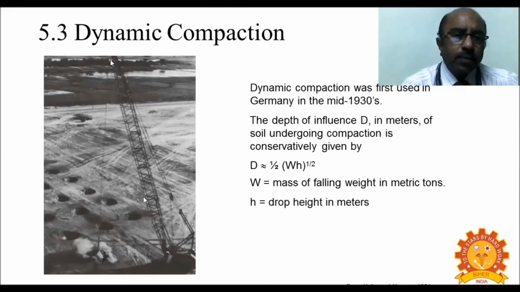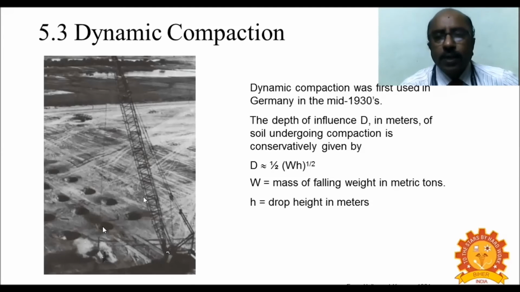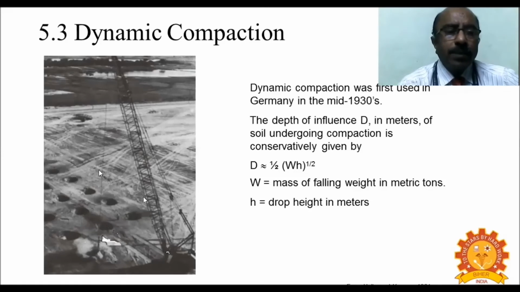This weight will be taken to this side, and then it will be dropped. So we have the energy, and because of the drop the loose soil gets compacted, and we can see the crater formed due to the dropping of the hammer.